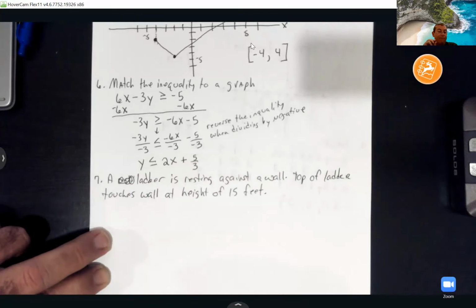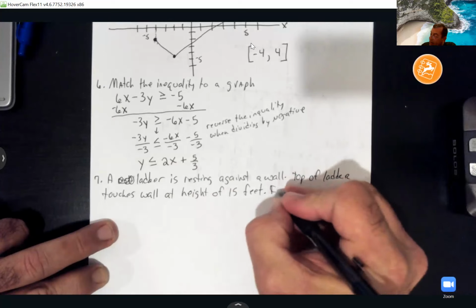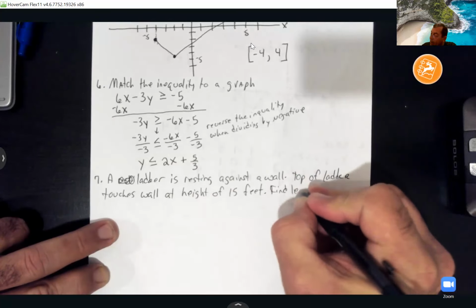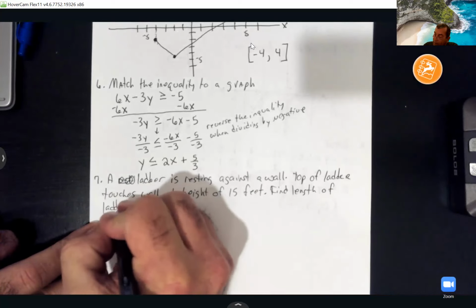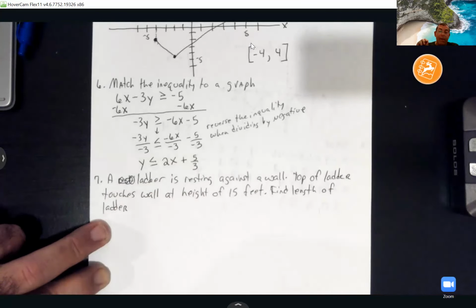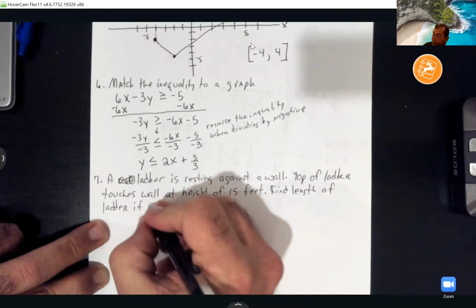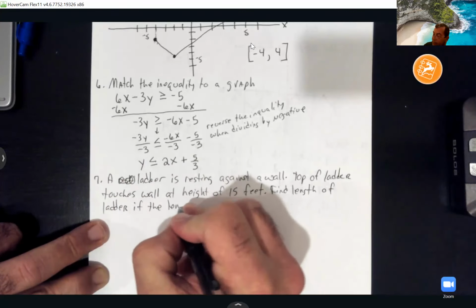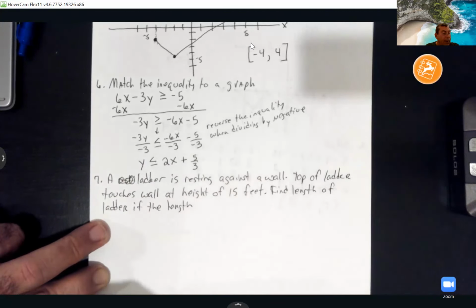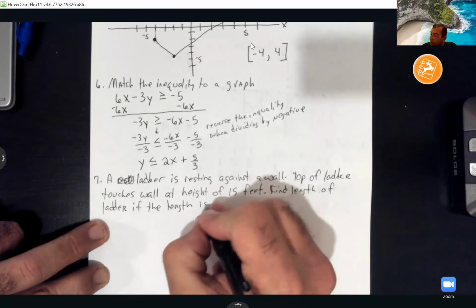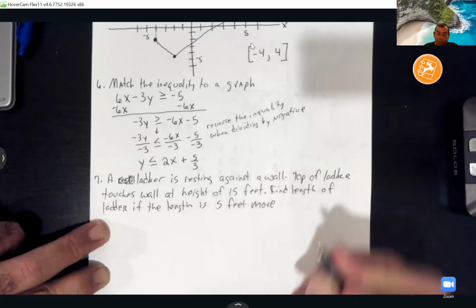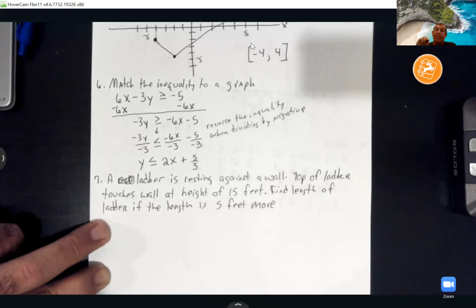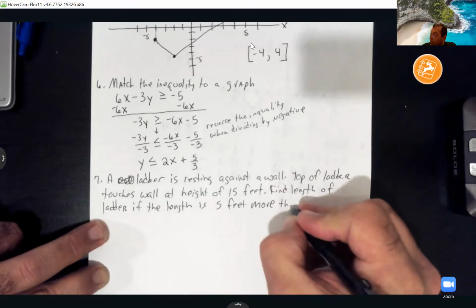Now, they say find the length of the ladder if the length is 5 feet more than its distance from the wall.